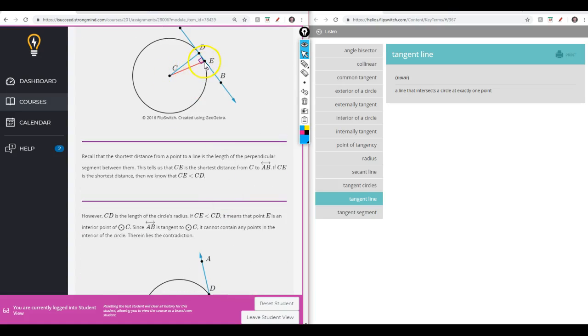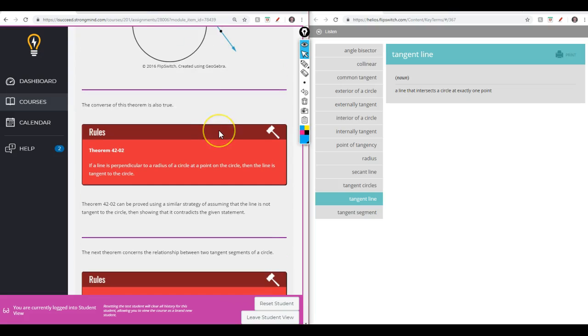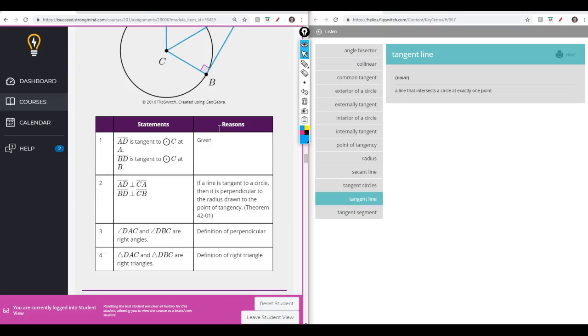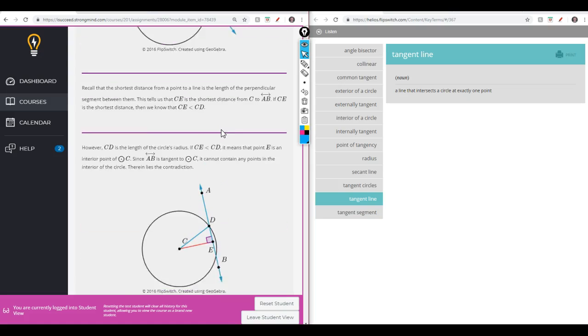So notice they drew in this line CE, and they give a paragraph proof on this.